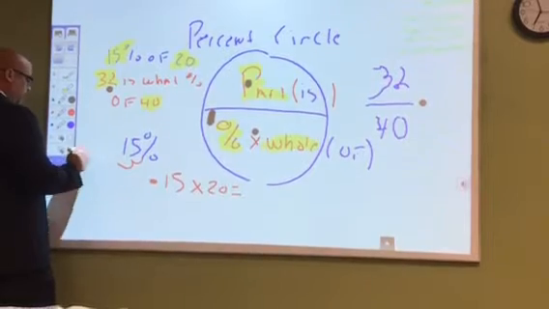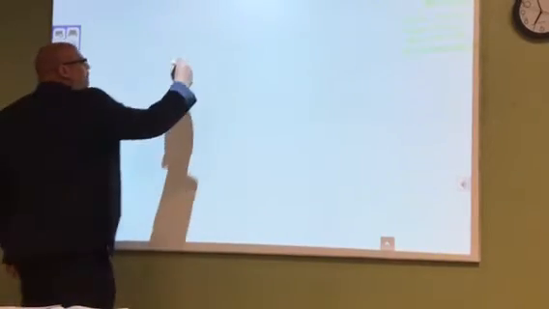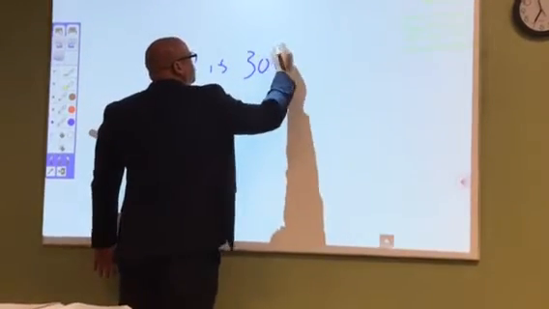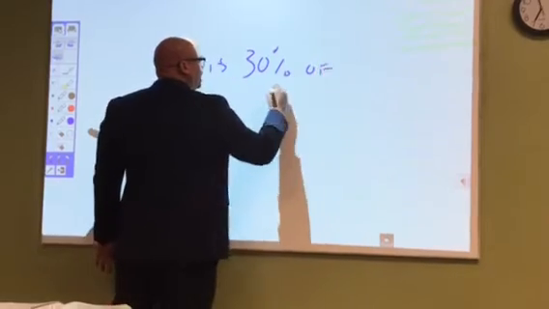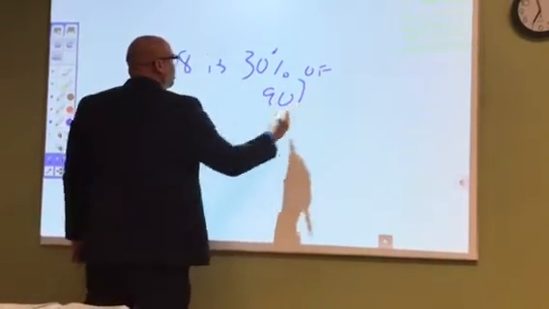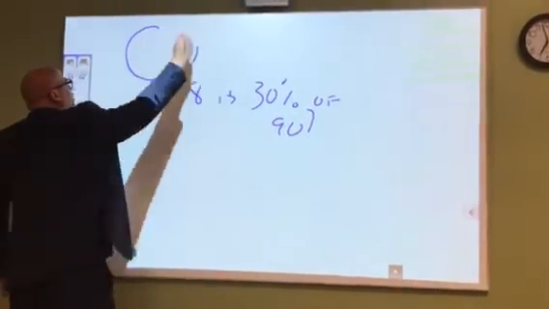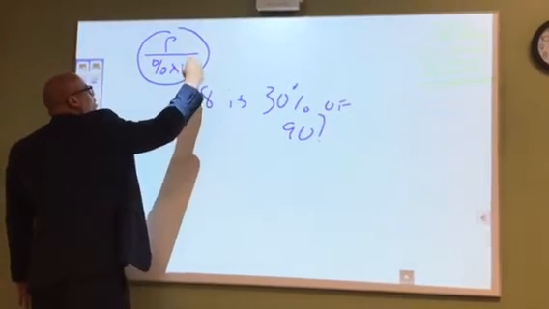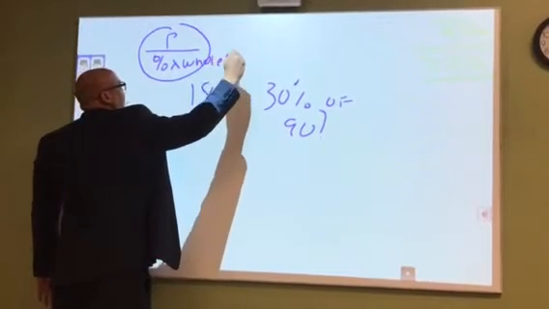So we're going to try another example before we go on break. How about I say 18 is 30% of 90. Again, our circle is what? Part divided by percent times whole. And that represents the word what?